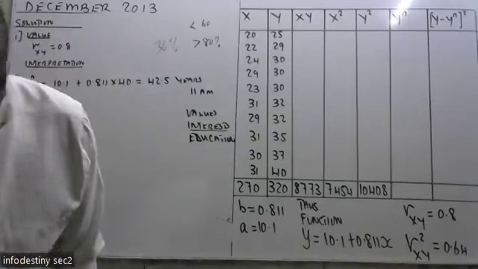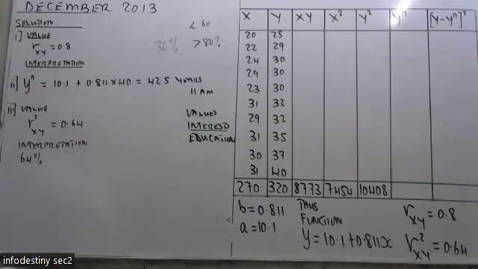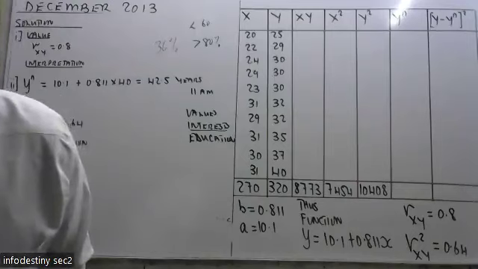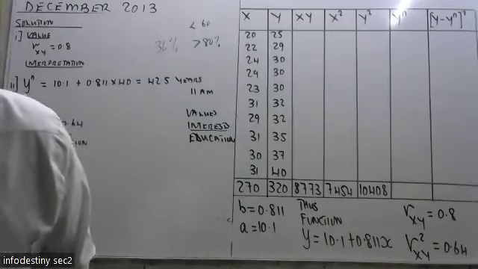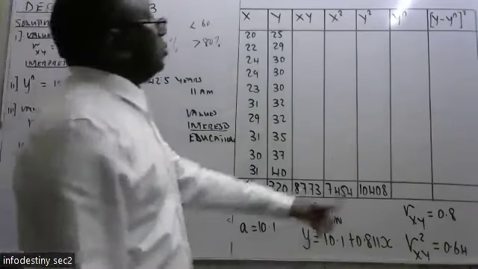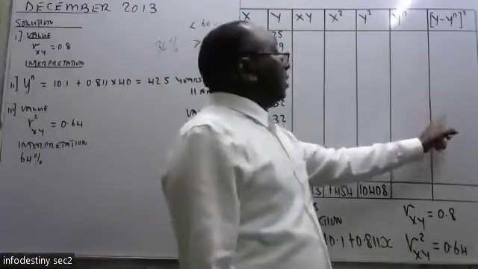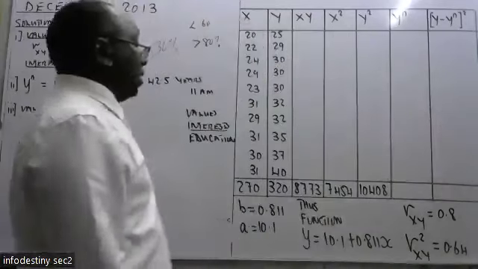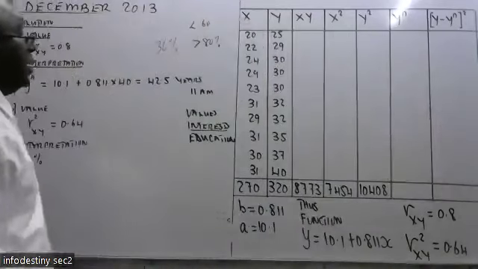So to interpret here, the next one is the standard error of estimate. That's a standard error of estimate. Here we require to compute these two columns. We require to compute these two columns, and you know how to compute.